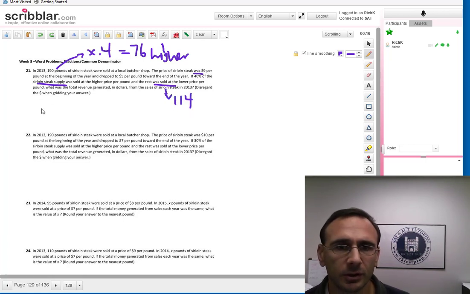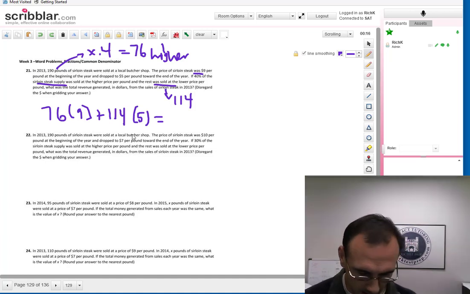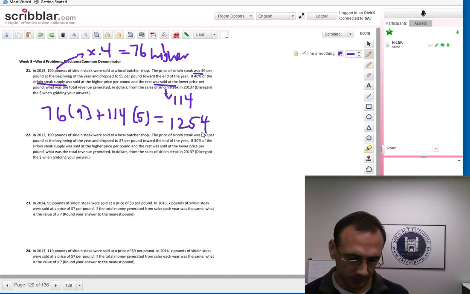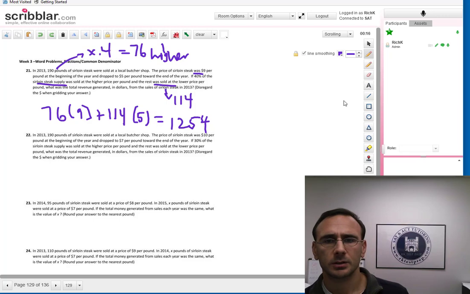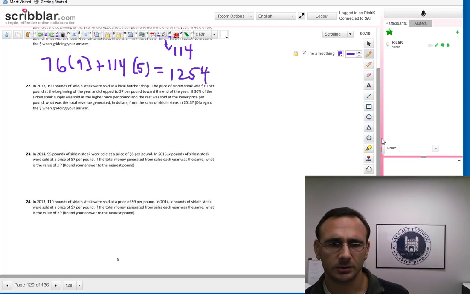The total revenue, we do the 76 times the 9 plus the 114 times the 5. And we should get 1254. Yep. So just a bit of percents there to deal with.